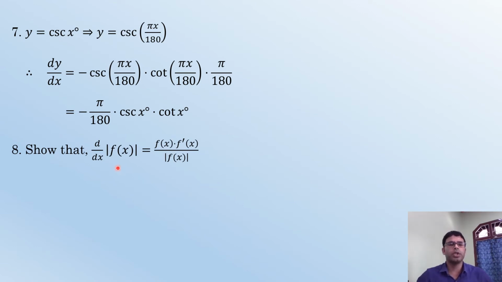Then we take the next question: show that d/dx of mod of f(x) is equal to this one. And here you should know that this differentiation is valid only when the denominator, mod of f(x), is not 0, because in the previous chapter, continuity and differentiability, the mod function is not differentiable at the point where the inner function is equal to 0.